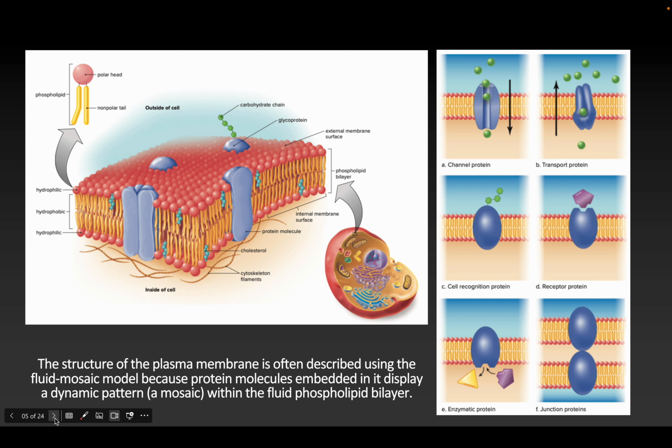We're discussing these proteins because the primary function we want to look at in the lab proper is how molecules are transported in and out of the cell, through the plasma membrane.